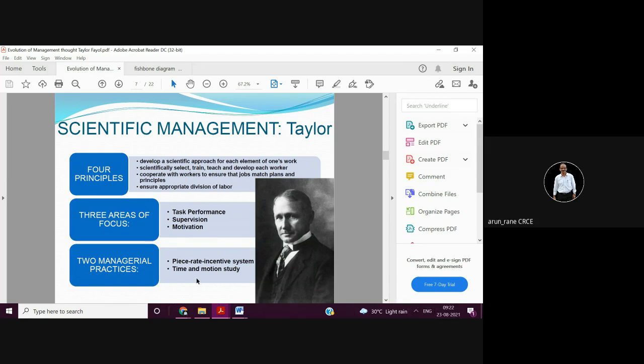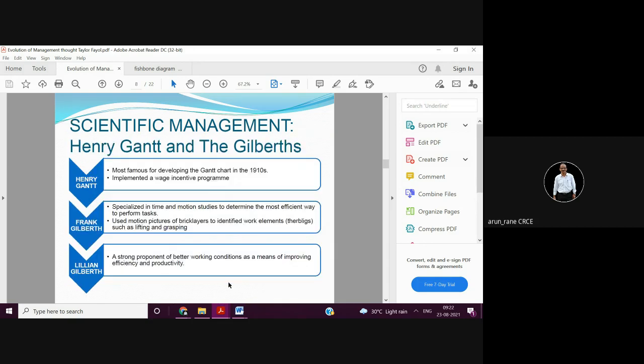He was the one who introduced the piece rate incentive system and time and method study. Scientific management was also advanced by Henry Gantt and the Gilbreths.